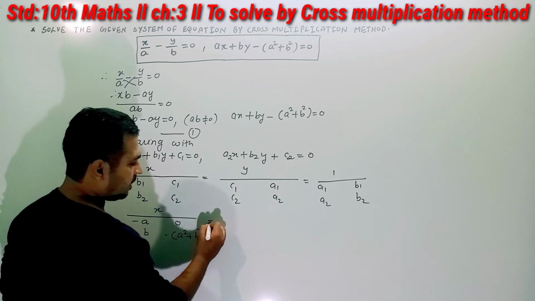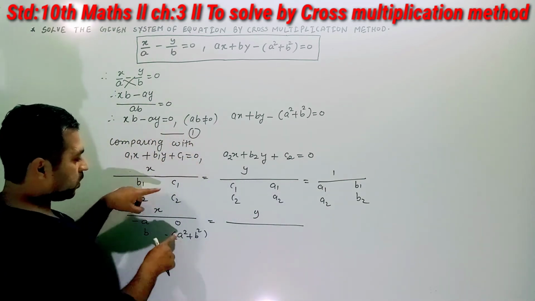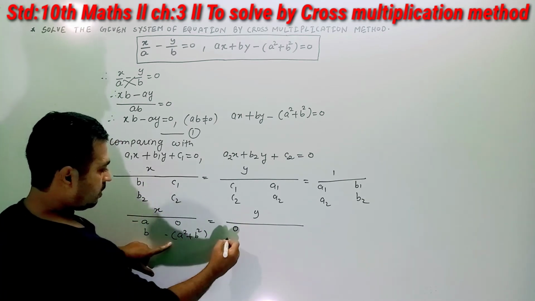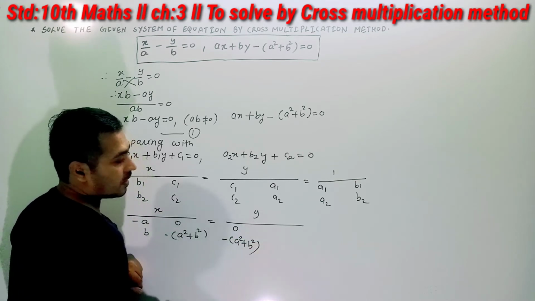Similarly for y, we write c1 c2, which is 0 and minus (a square plus b square).